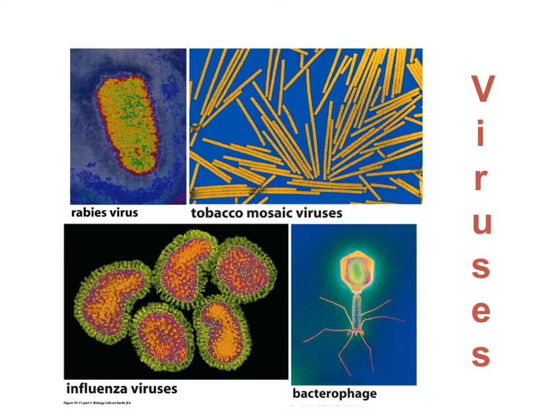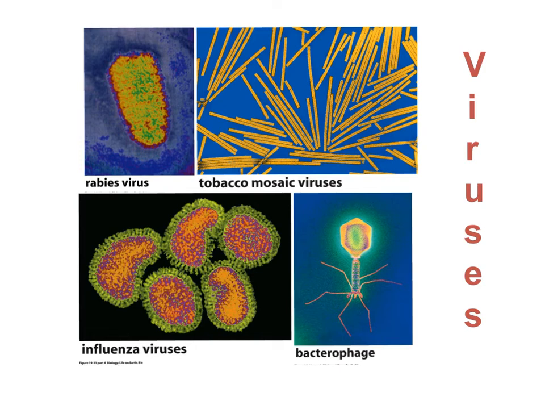And there's rabies virus, which infects many different mammal hosts. Influenza virus often starts out in birds and then has jumped to humans. And then something called a bacteriophage, and these actually are viruses that infect bacteria and kill them.